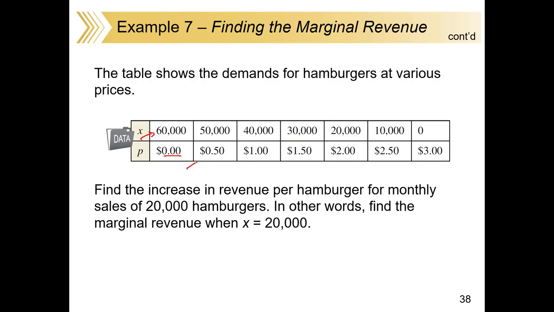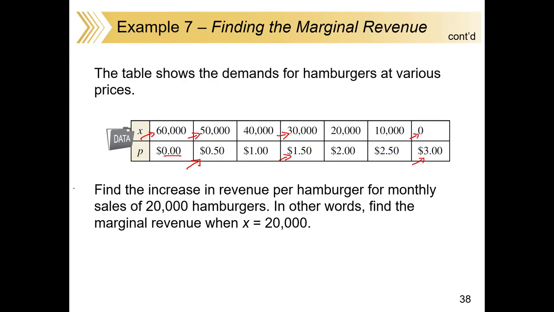If we change the price to 50 cents per hamburger, we can sell 50,000 of them. $1.50 a hamburger, 30,000 can be sold this week. So on down the line, until you get to the point where if you set the price at $3, you're not selling any hamburgers at all.